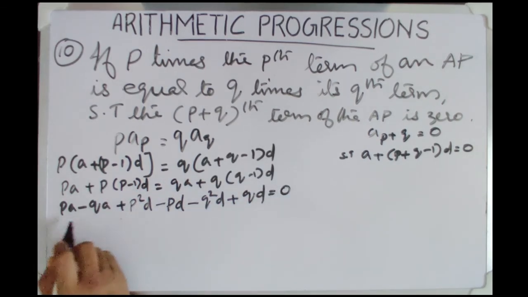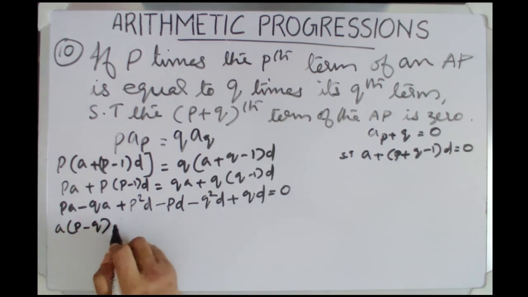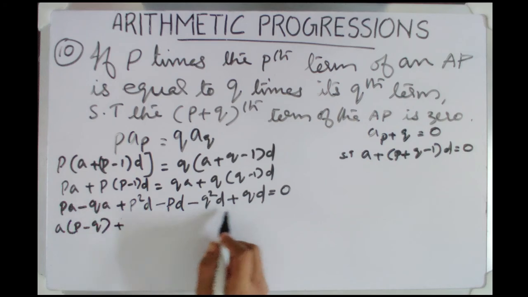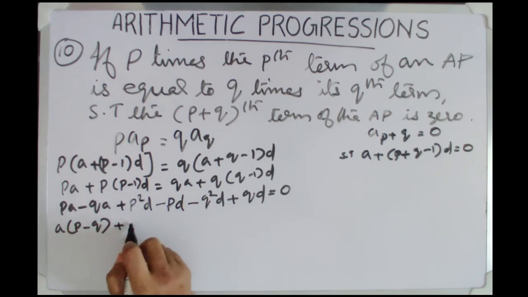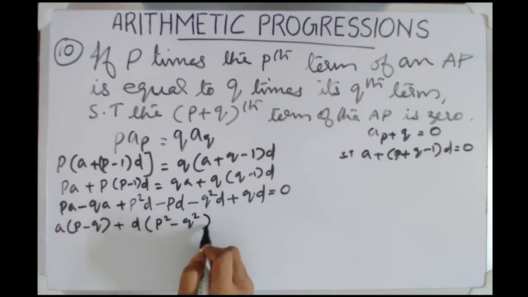In these two terms, we can take a outside: a into (p minus q). Plus, d is common here, then write d into (p square minus q square), close the bracket.